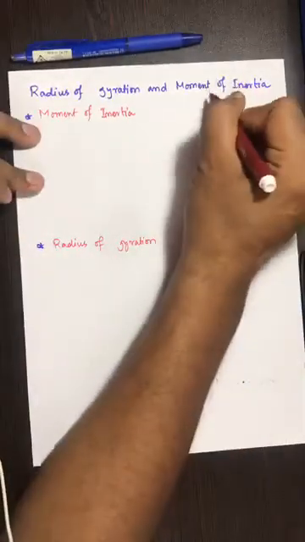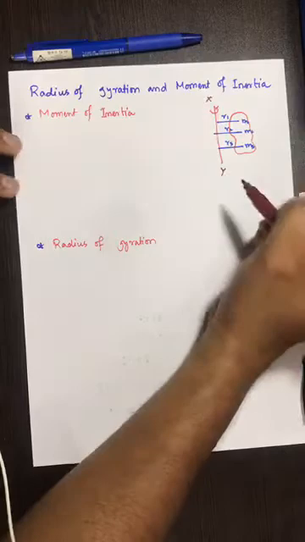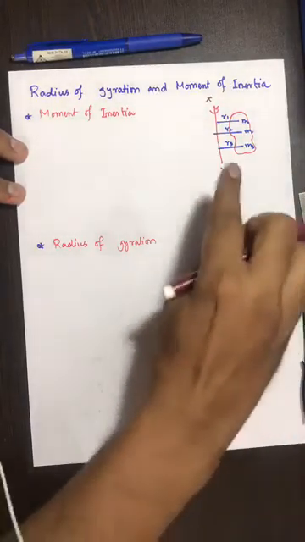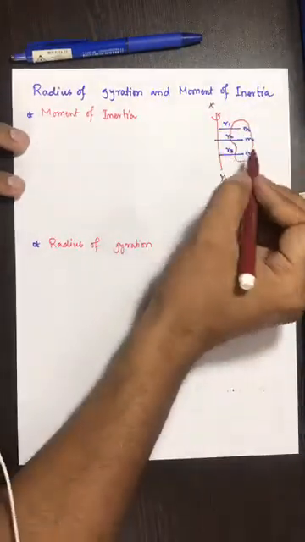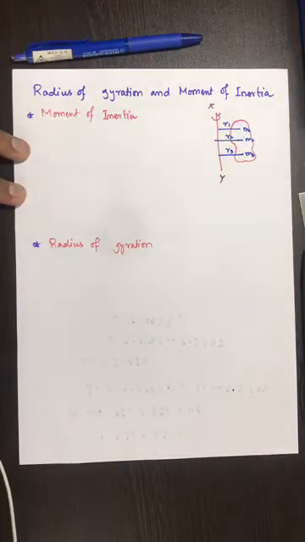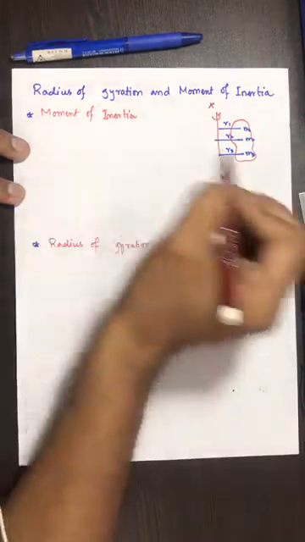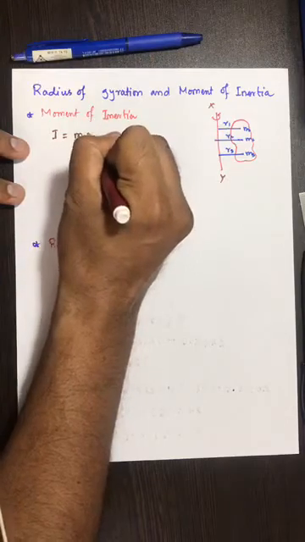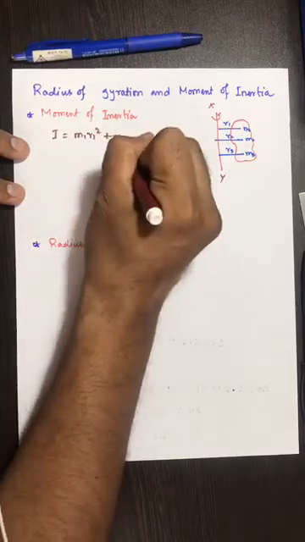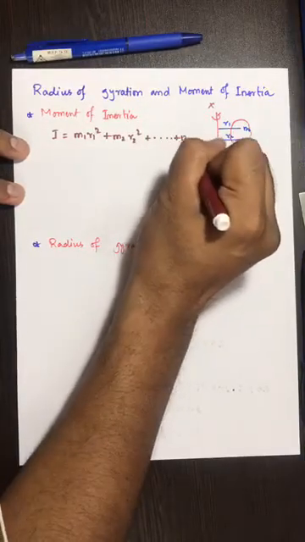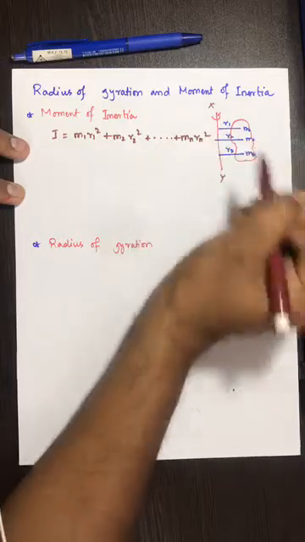This is an axis, you can say the x-y axis. The moment of inertia is the sum of the products of each mass and the square of its distance from the axis. So I equals m1 r1 square plus m2 r2 square plus and so on up to mn rn square. Clear?